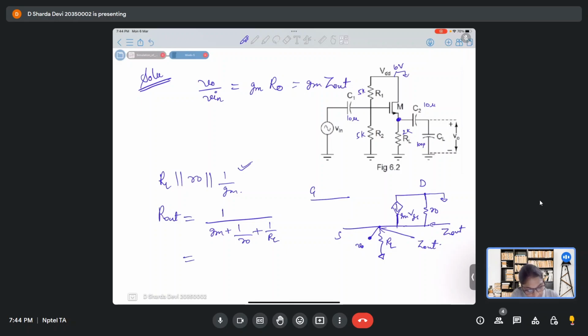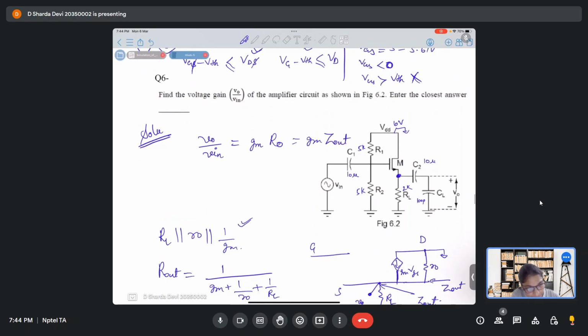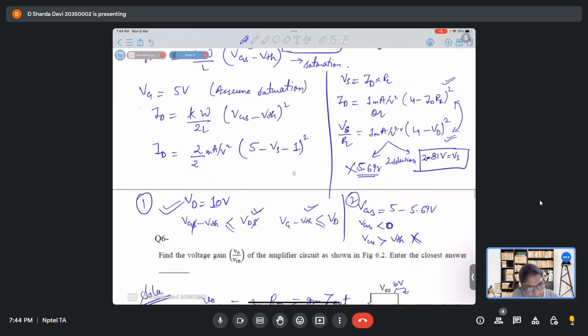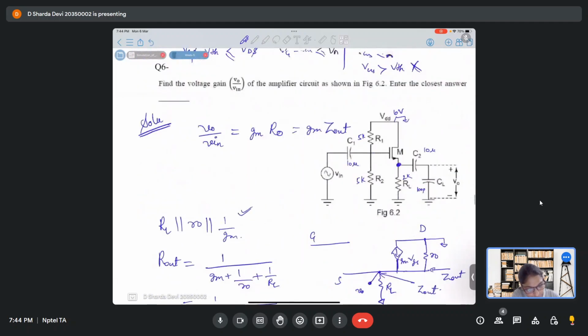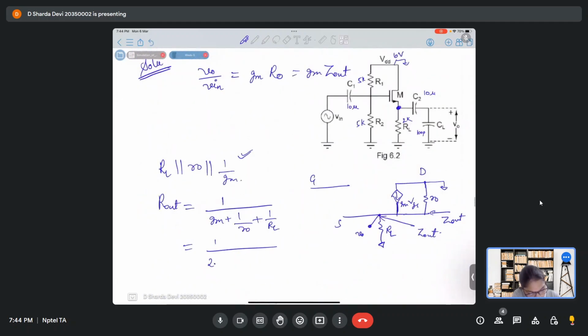So it is 1 by, how much was the GM? 2.4 milli, so 2.4 by 1000 plus R naught. How do we find R naught? What is R naught?